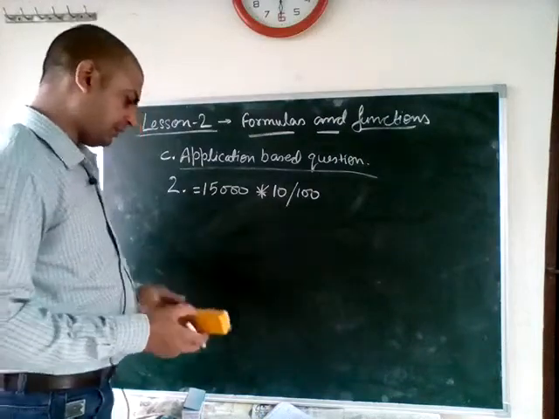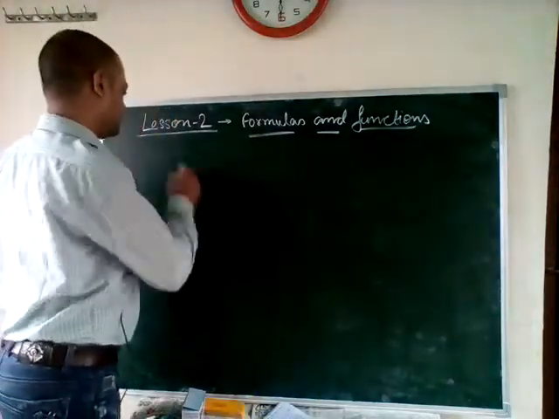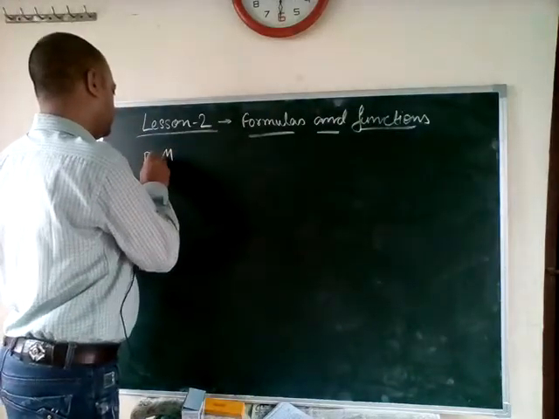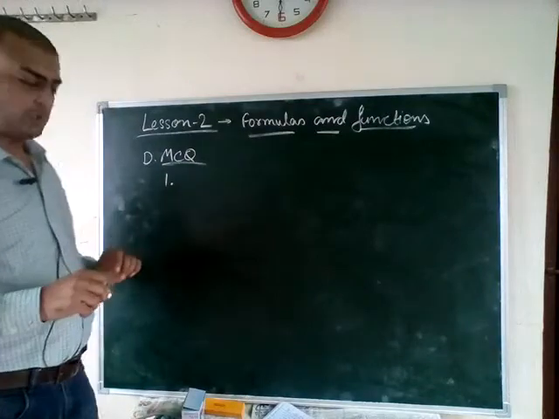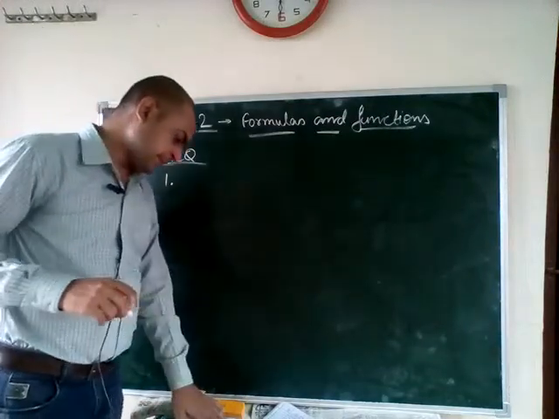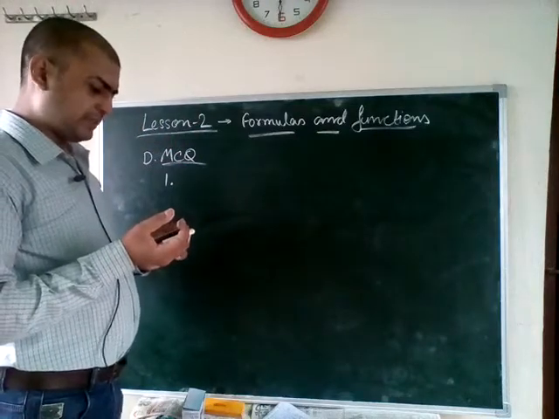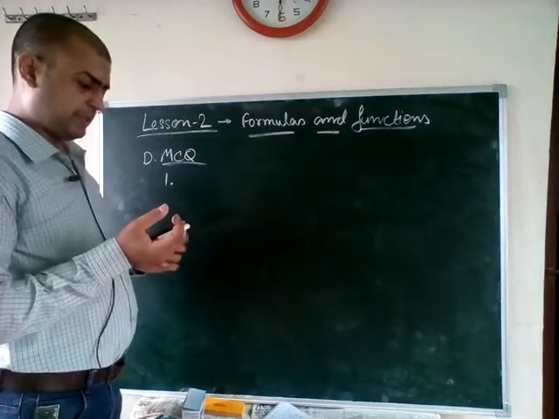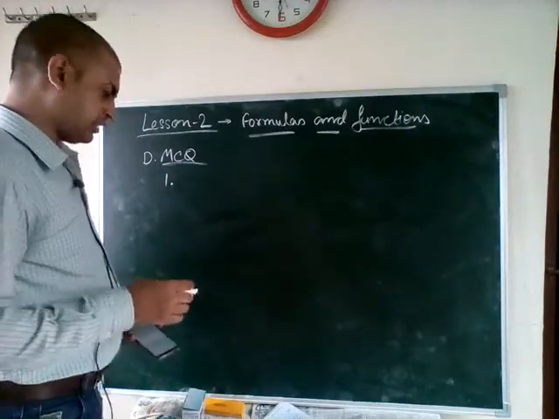Now the question number D is MCQ. Now the first question is, to use the sheet reference, which address is appropriate out of the following? So just as we have discussed, the sheet 1.